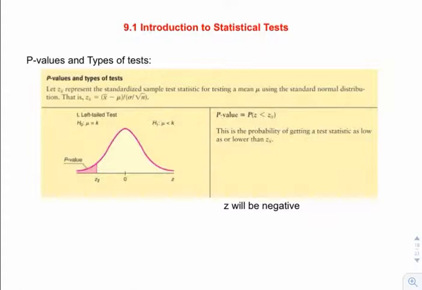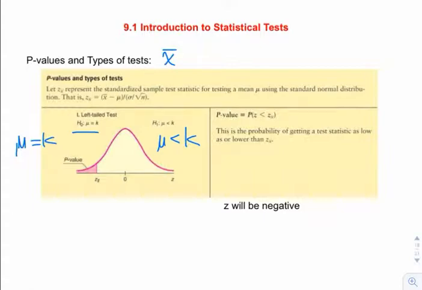So in this example, we have that H naught is claiming that mu equals k. And the alternate hypothesis is that mu is less than k. So this is the first type we'll look at. So for your sample, you're going to have x bar for a certain sample size n.